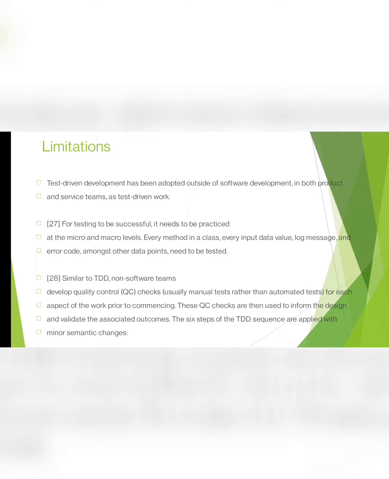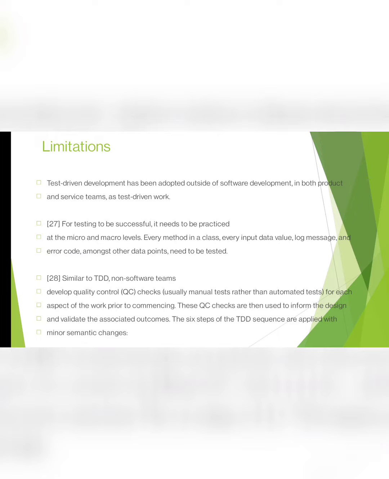Limitations. Test-driven development has been adopted outside of software development, in both product and service teams, as test-driven work. For testing to be successful, it needs to be practiced at the micro level. Every method in the class, and every input data value, log message, and error code, among other data points, needs to be tested.